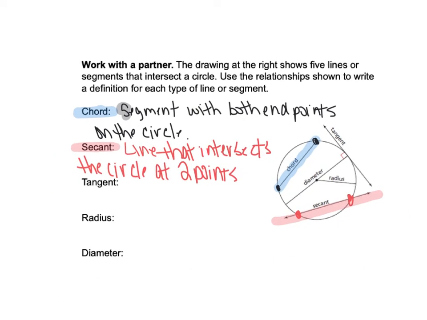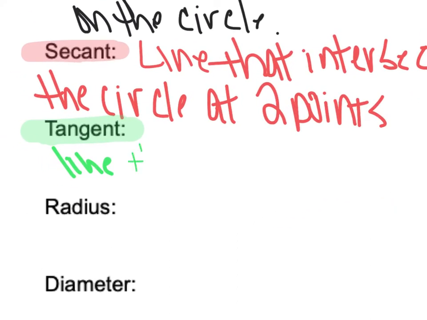Tangent, let's find tangent over here. Tangent, that's this line out here. We did just talk about tangent in our last chapter with right triangles. This is a different type of tangent. Notice first of all, a tangent can technically be a line or a segment or a ray or anything like that. But a tangent here, in this diagram, is a line that intersects the circle exactly one time.